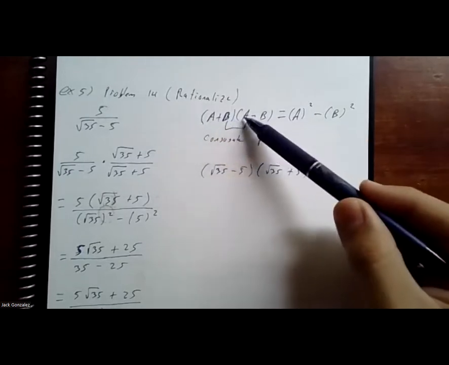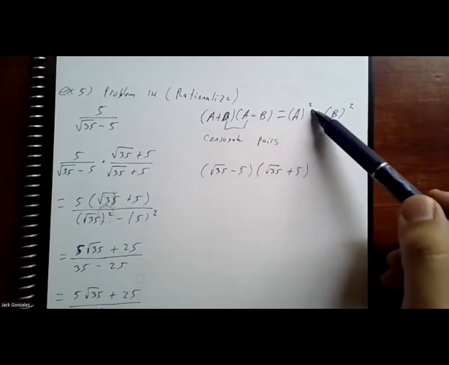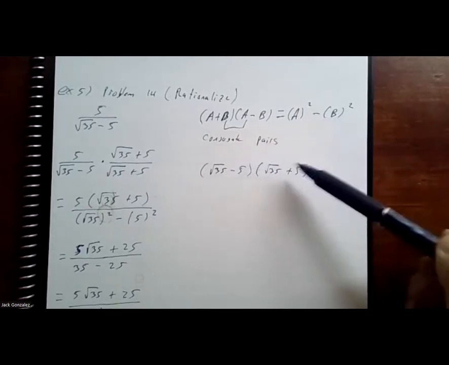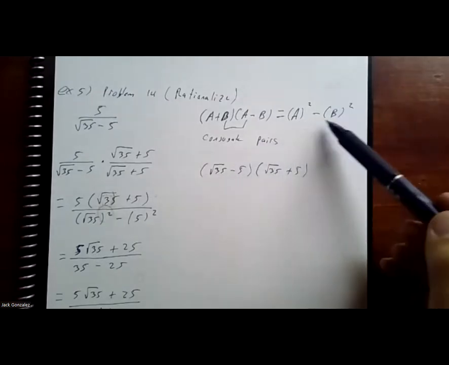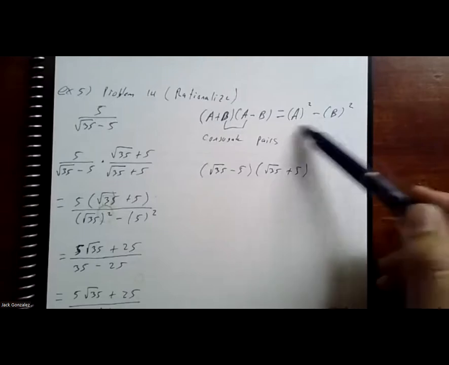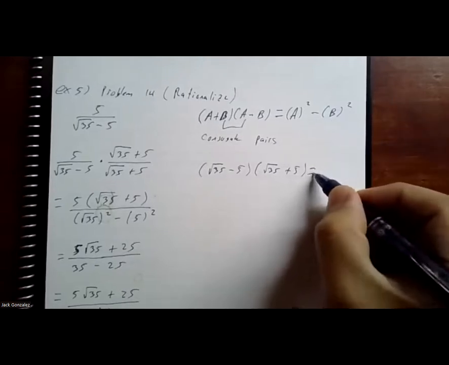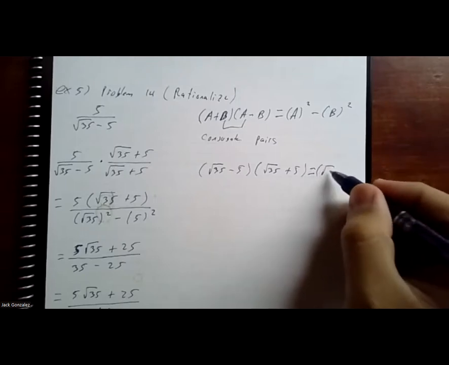A plus B times A minus B will always be the first term A squared minus the second term B squared. If you multiply everything else, the middle terms will cancel, leaving you only with this. So you might as well just use this formula. If you forget the formula, you can always multiply it like normal. But that's how I got this.